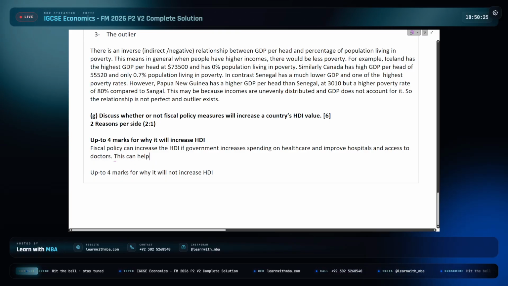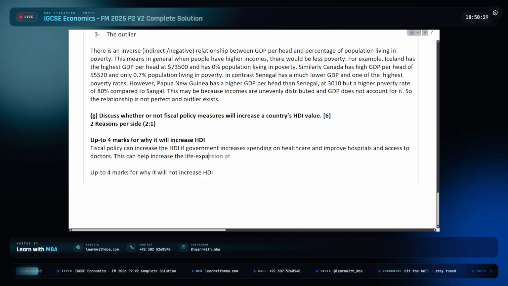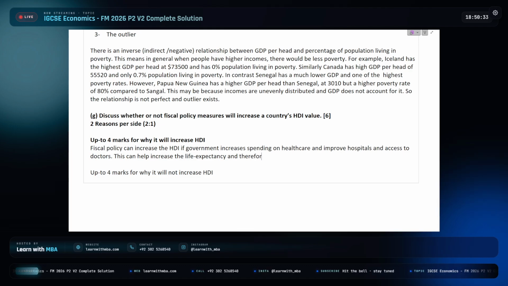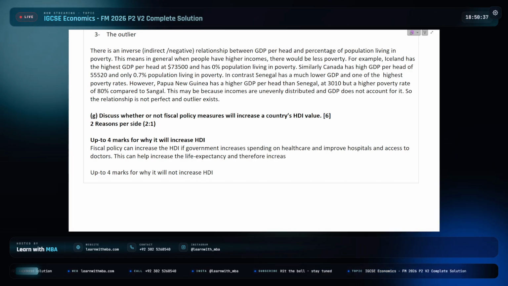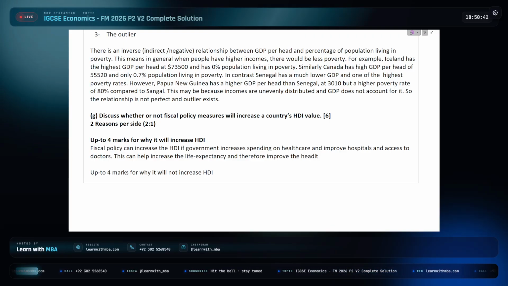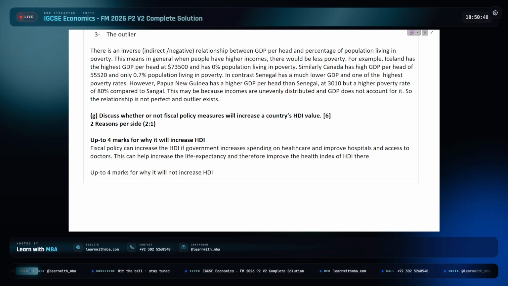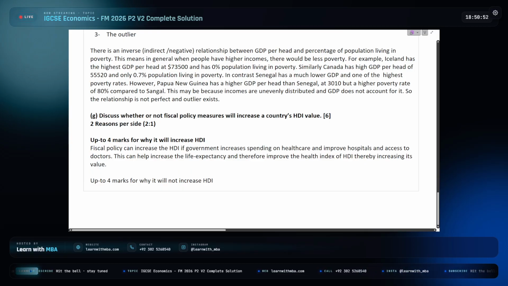This can help increase the life expectancy and therefore improve the health index of HDI, thereby increasing its value, right?